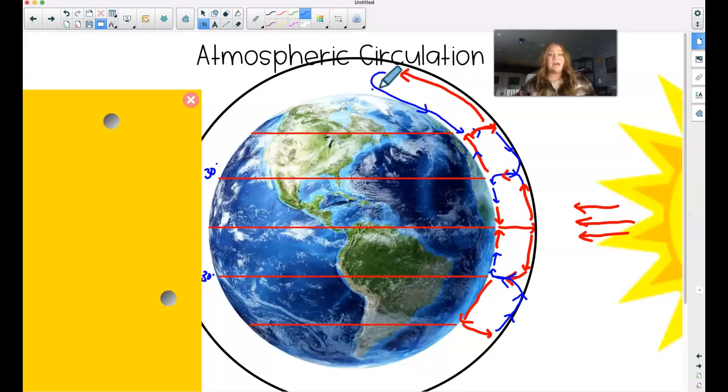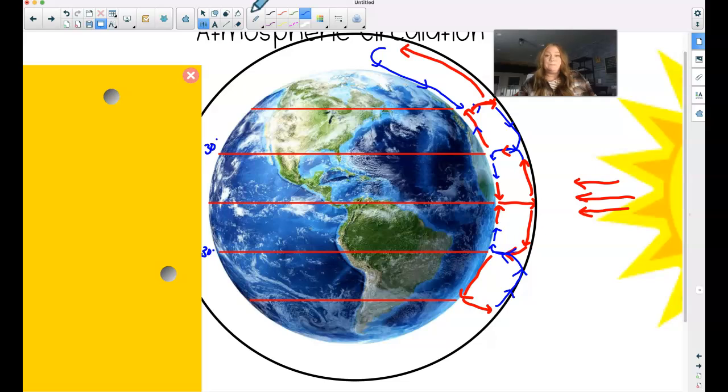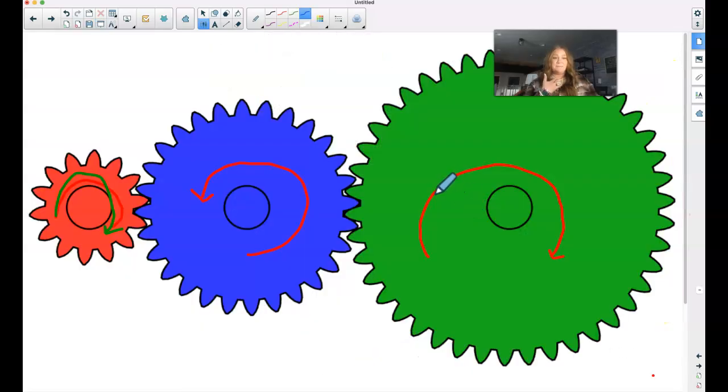So it's going in that direction and doing the opposite down here at the South Pole. So if I look here, I can see, right, it's going up, so it would follow that up towards the pole, and then it gets dense and comes back towards the equator, and it would meet up with that cycle there. So it's those gears going opposite ways.